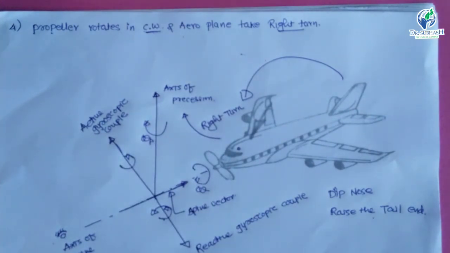Second, propeller rotates in anti-clockwise direction and aeroplane takes left turn. Third case, propeller rotates in clockwise direction and aeroplane takes left turn. And fourth case is propeller rotates in clockwise direction and aeroplane takes right turn.